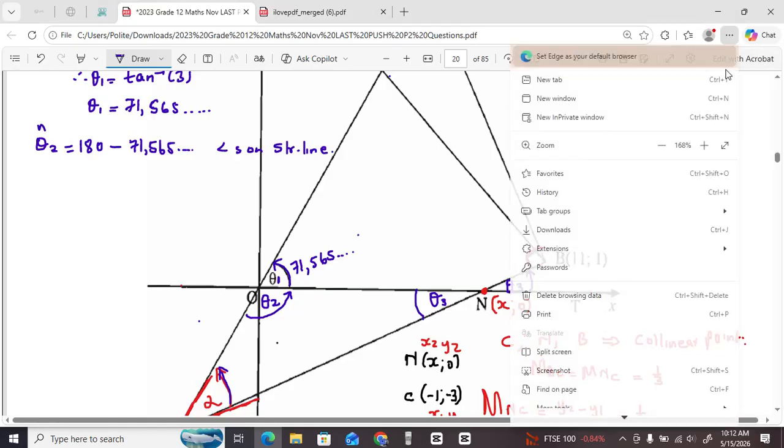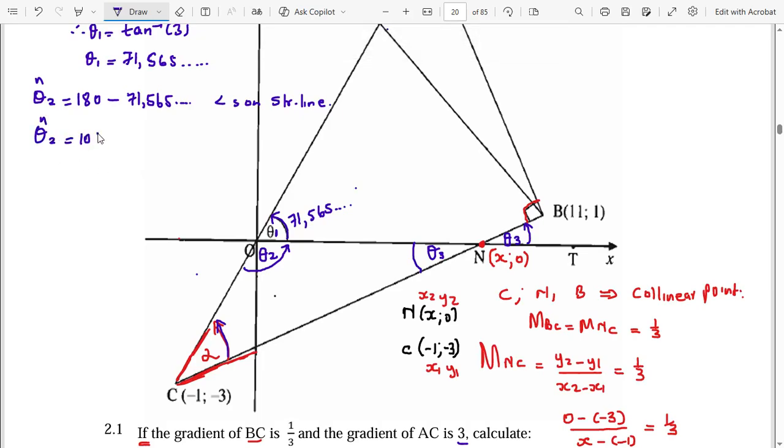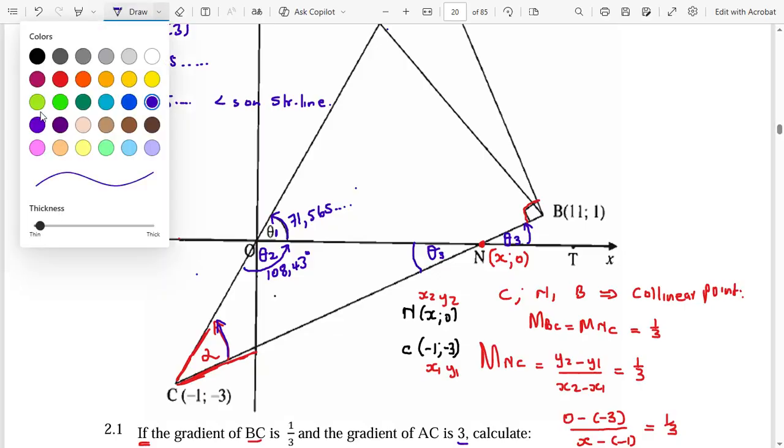So 108.43, that's theta 2. So my theta 2 is 108.43 degrees. I'm going to write it down here, 108.43 degrees. Now, what is the aim now? It is to find theta 3. You see, we're almost close to getting the answer that we are looking for.